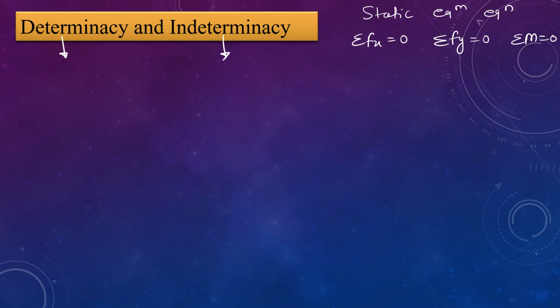If any beam, truss or frame is solved with the help of these static equilibrium equations, then that structure is known as determinate, meaning solved by summation of Fx, summation of Fy and summation of moment.